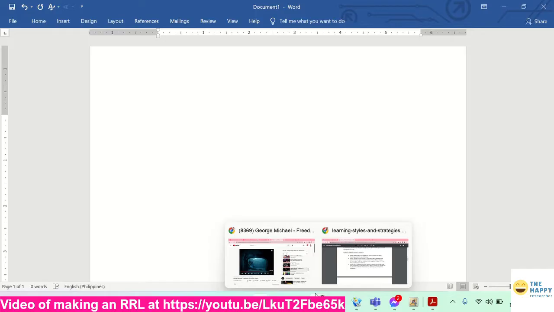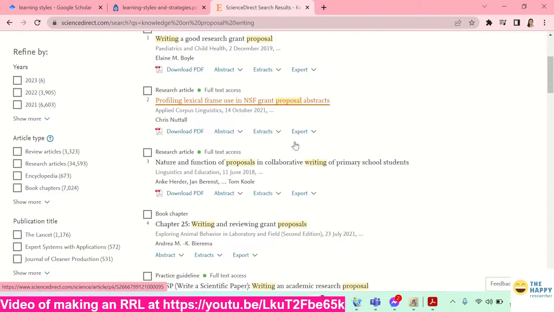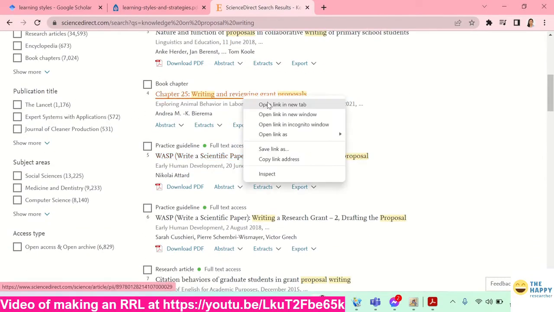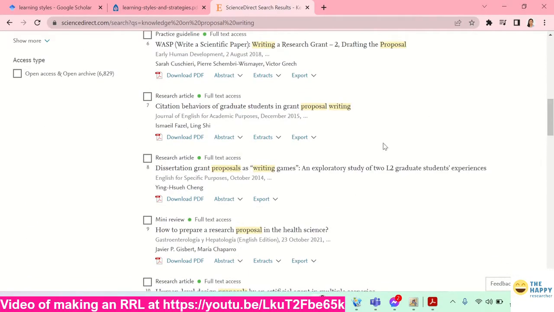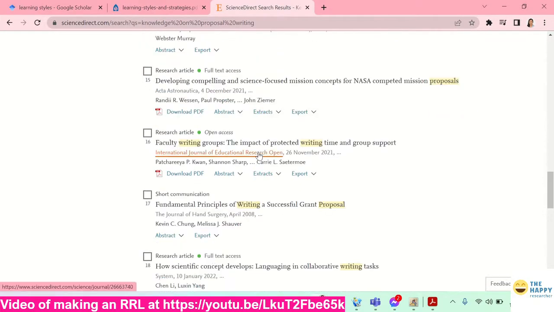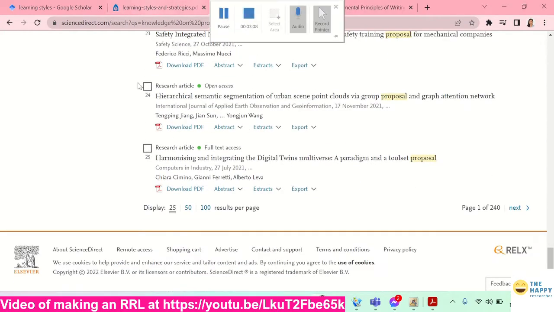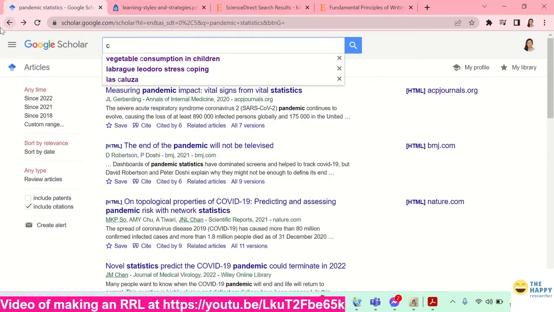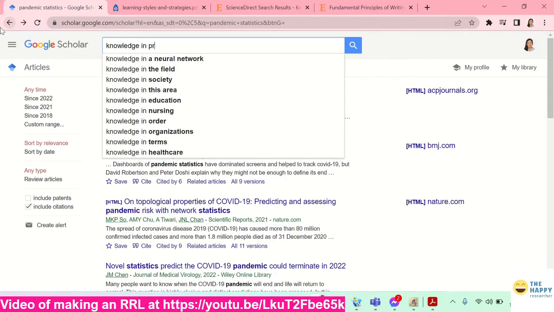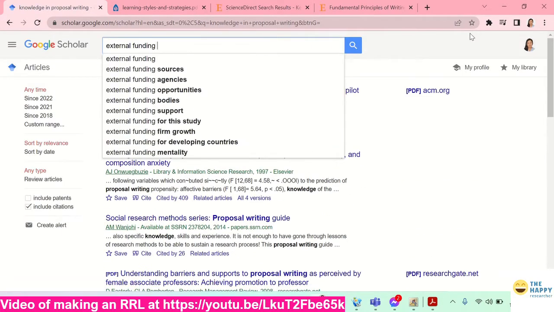As shown in another video, it is imperative that you first find relevant studies and make your review of related literature, so that you will be guided on what makes your study novel, what has been done about your study, and the particular methods that can be applied to your study.